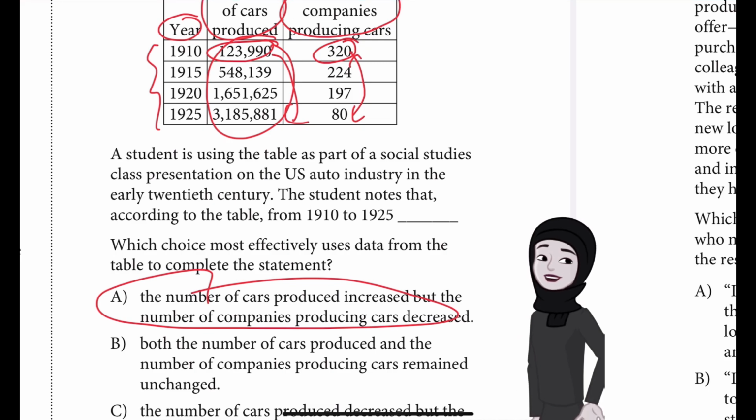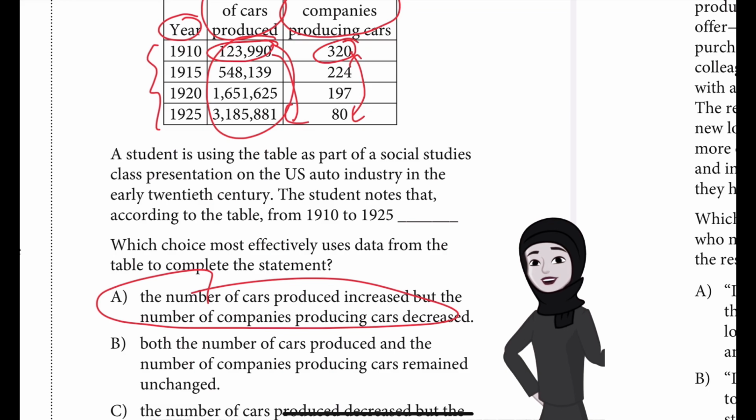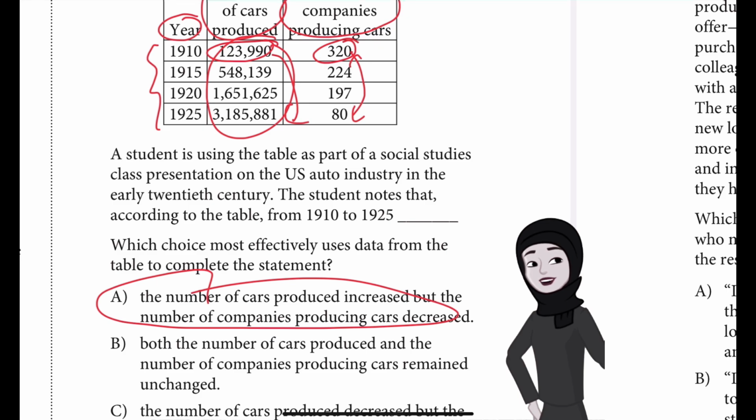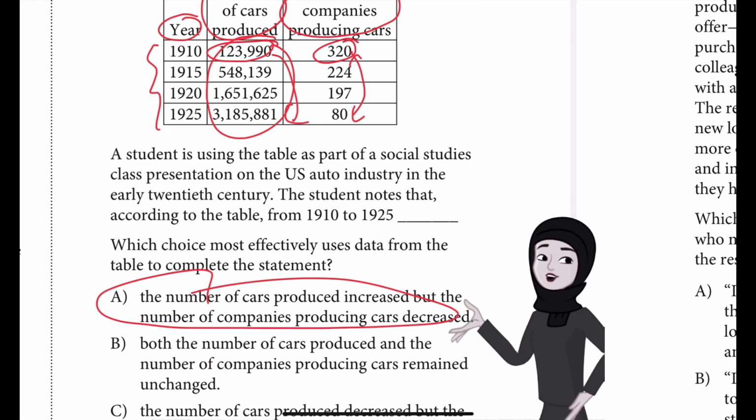At the same time, the number of companies producing these cars is consistently decreasing. It's going from 320 companies in 1910 to only 80 companies in 1925. So thus the table shows that the number of cars produced increased from 1910 to 1925, even as the number of companies producing the cars decreased.